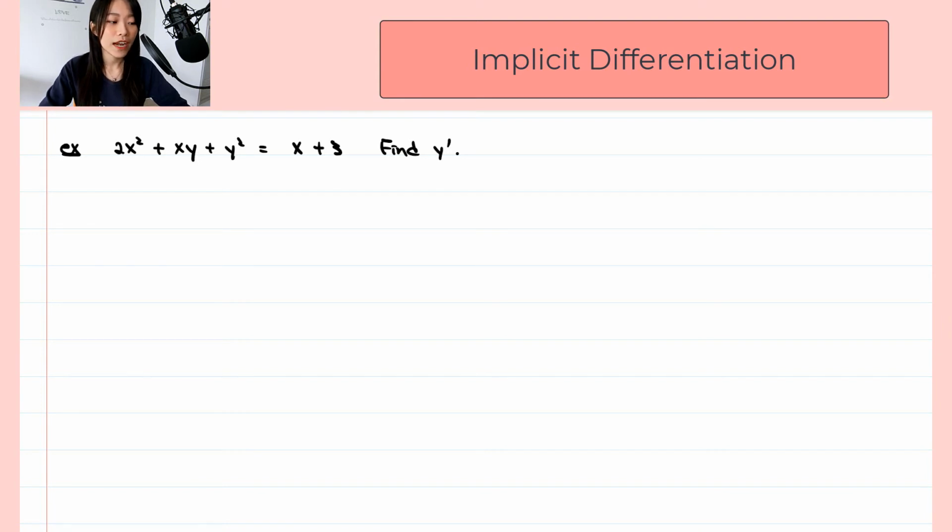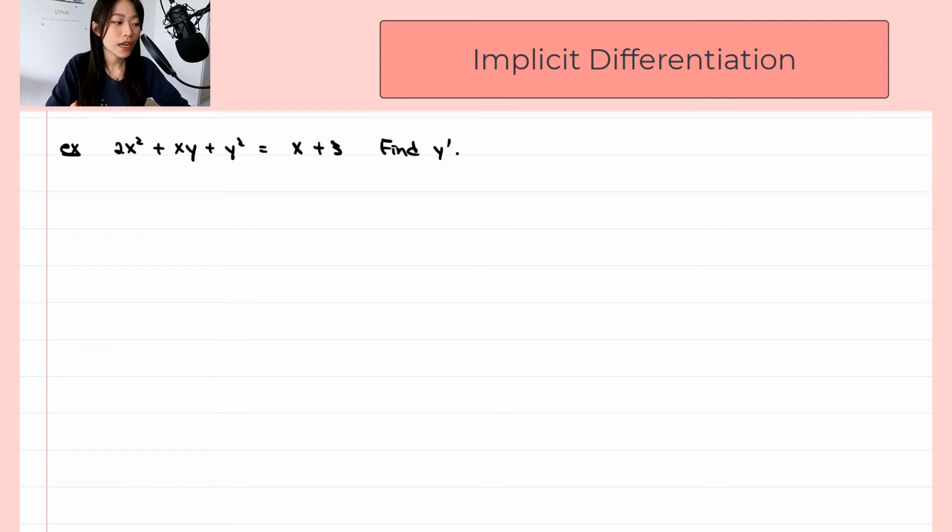For example, here I have an equation that involves x and y: 2x squared plus xy plus y squared equals x plus 3. It is possible to solve for y using the quadratic equation.